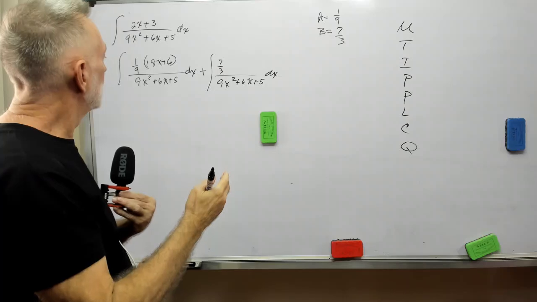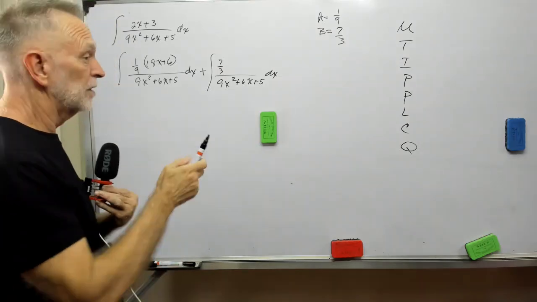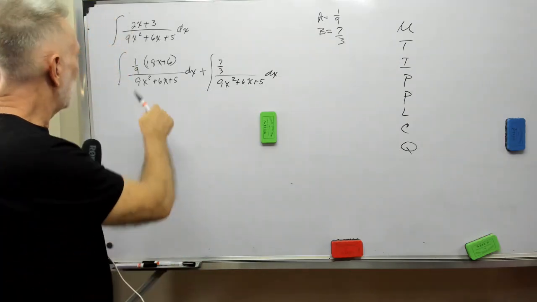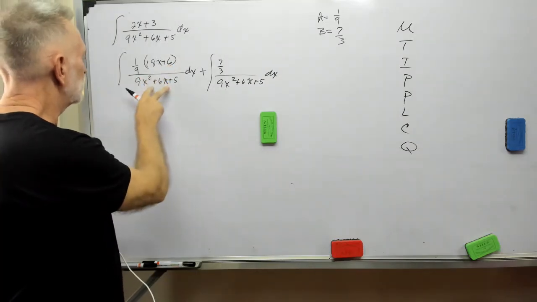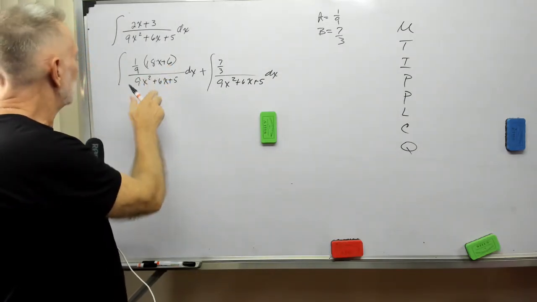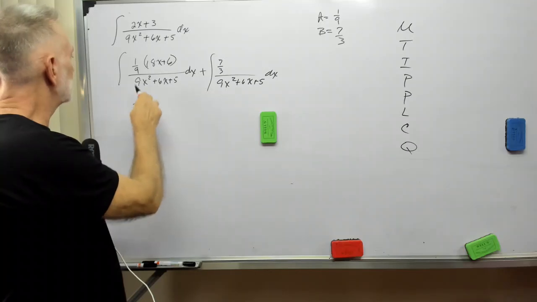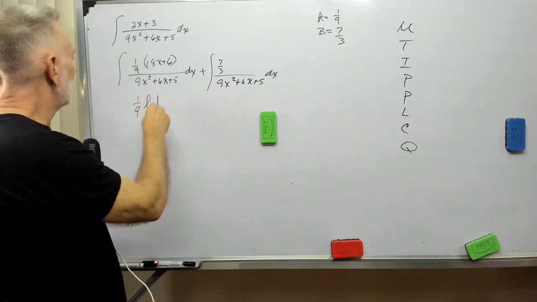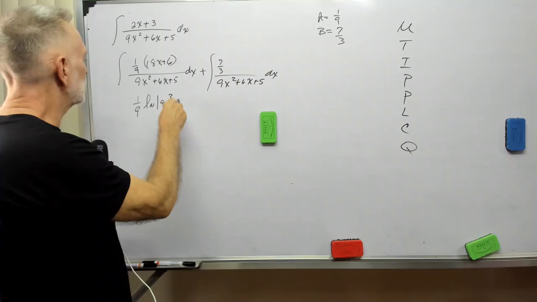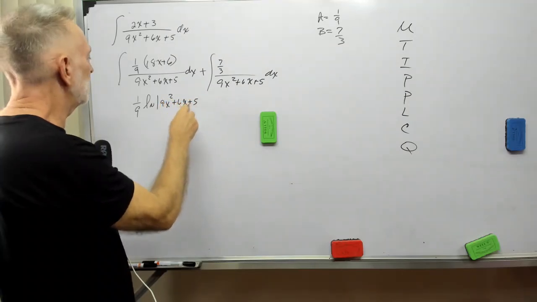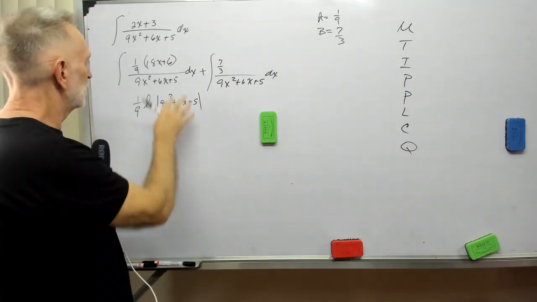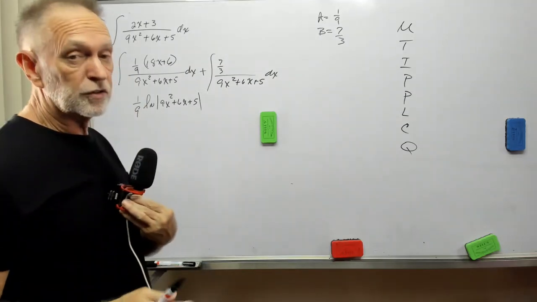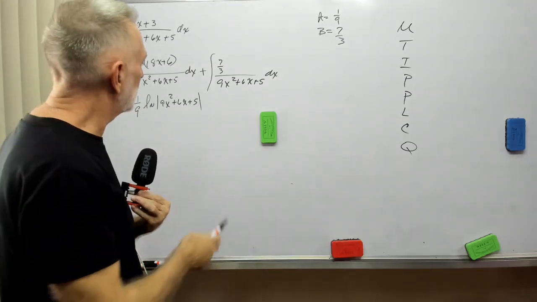Okay? Nothing fantastic so far, except I now have the derivative of the function over the function. So it's 1/9 times the natural log of 9x squared plus 6x plus 5. So that integral is already gone. It really made it simple.